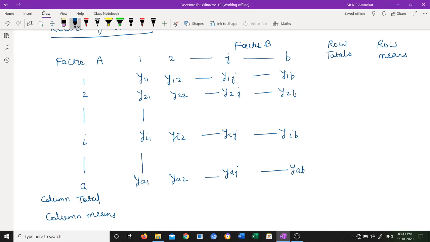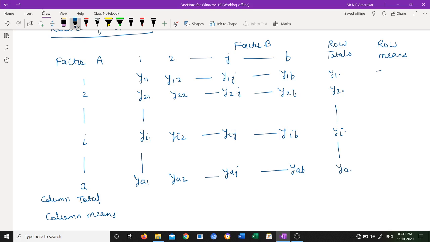Now the row total, meaning the total of these observations, will be denoted by Y1 dot. The total of all these observations due to the second level of factor A will be denoted by Y2 dot. This in general is Yi dot. Here Yi dot means the total of all observations due to the ith level of factor A, and this is YA dot.